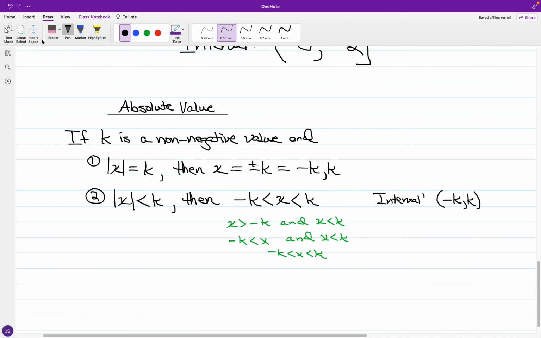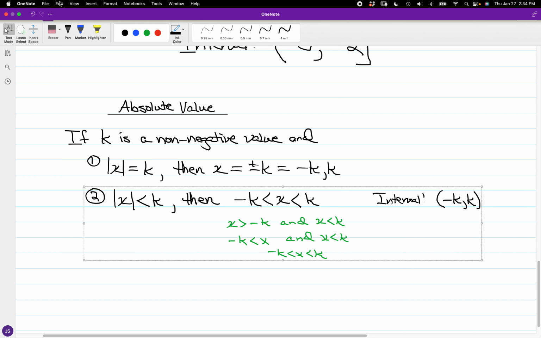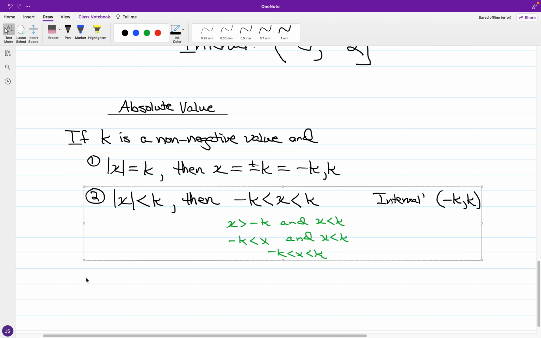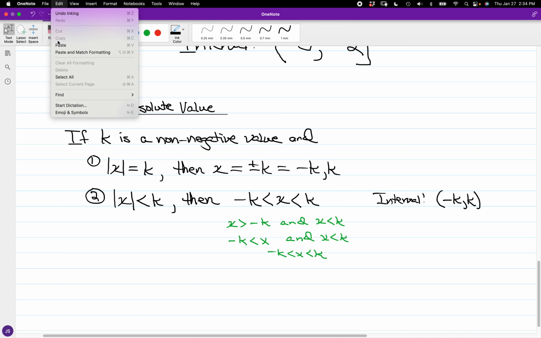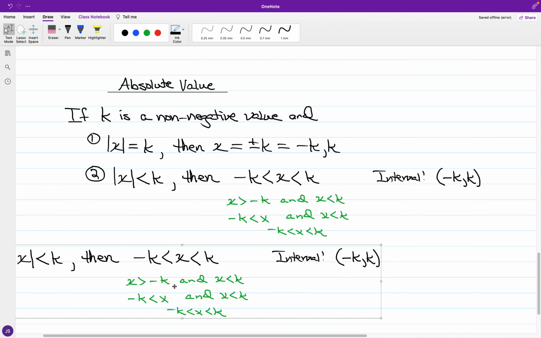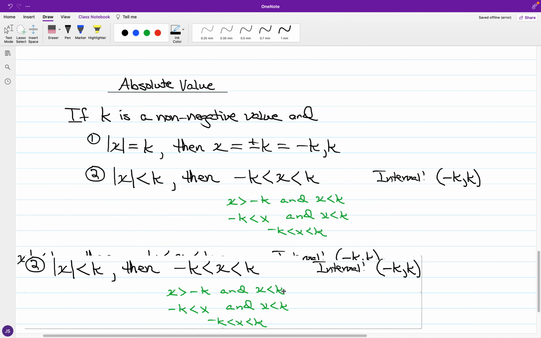Now the next rule is going to be virtually a duplication.